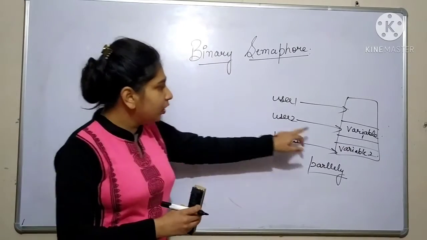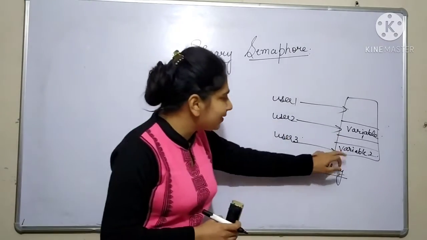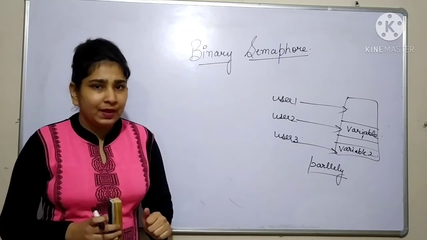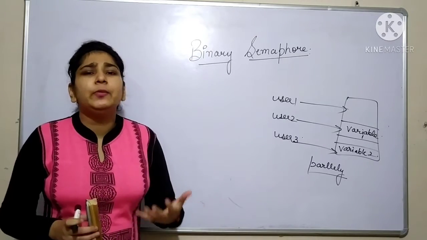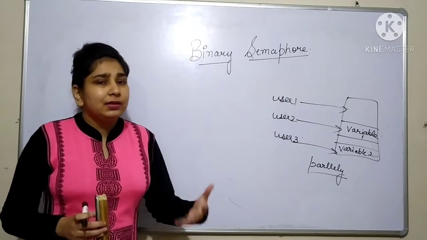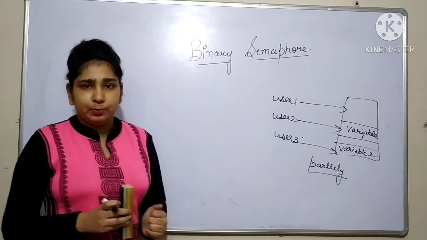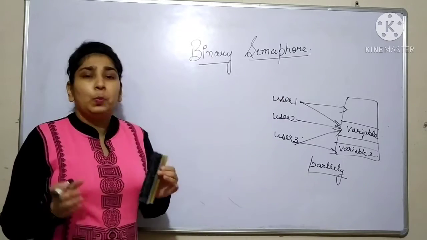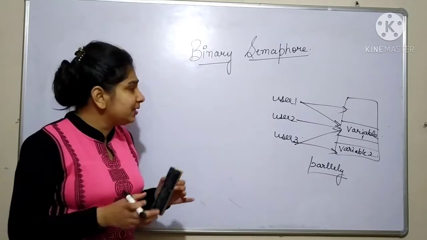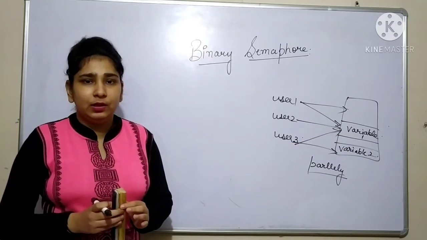One user wants to access this variable and the second user wants to access the other one. Then we don't have any problem. You run multiple user requests the way you want. The problem arises when multiple user requests try to manipulate the same variable.